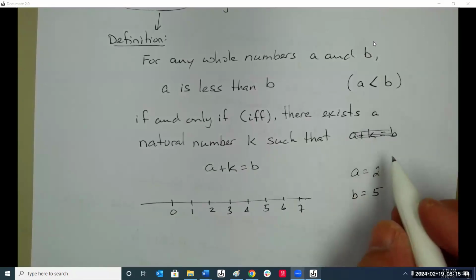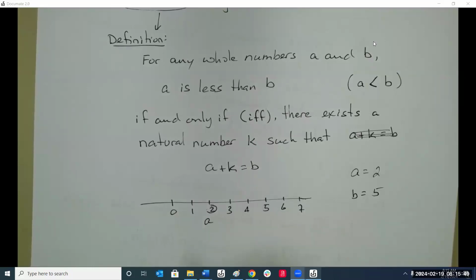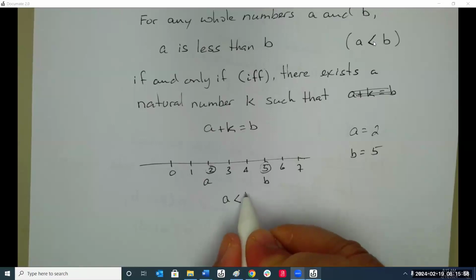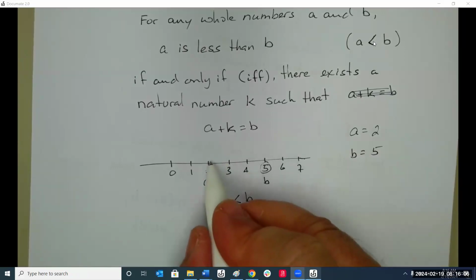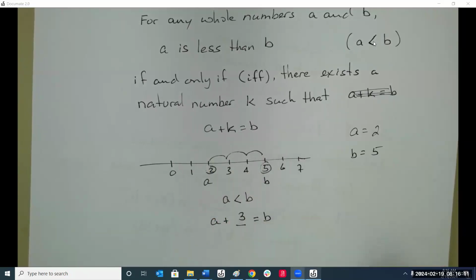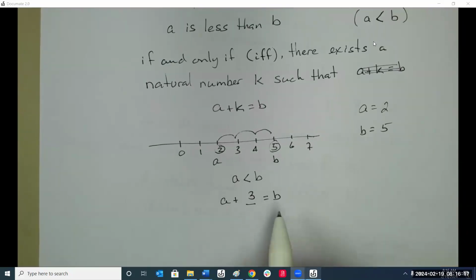So now we're going to say that A is less than B if, here's A and here's B, there's some number K I can add to A to go to the right. If I have to add a number to A to get to B, then A is less than B.